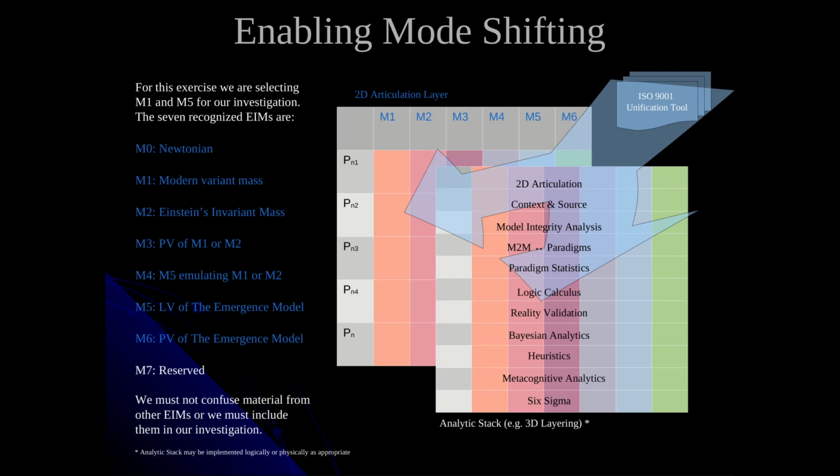So for example, if you're doing vacuum as the first paradigm, and you say, oh, okay, well, I now need to do the electric constant, and I need to do the magnetic constant, and you can add those rows, and then you have to go across the number of EIMs and explain how that becomes manifest, and then carry that all the way down through the analytic stack here, and make sure that your thinking in terms of how you articulate that is cogent in terms of the realm of Cs.